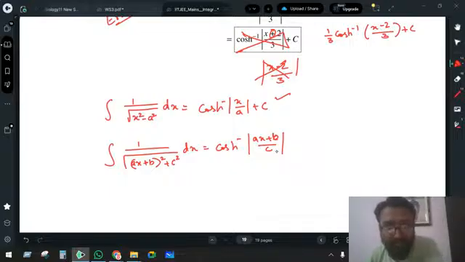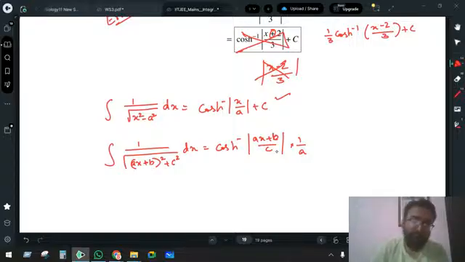In the place of x, there is ax plus b. Therefore 1 by a will come. Am I right? Yes, sir. Because in place of x alone, it is ax plus b, so the coefficient of x comes back in the denominator. If there is a derivative, it will come in the product. So this is your formula.